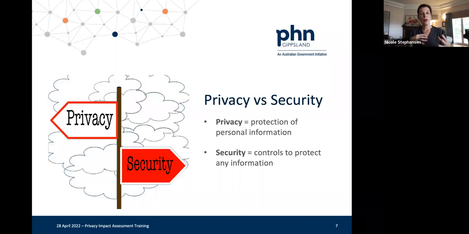That's the information about you and about me that could identify us or lead to us being identified. That's privacy. Security is something altogether different. It's the controls that we put in place to put a fence around any information, which could include personal information, but isn't exclusive to personal information.